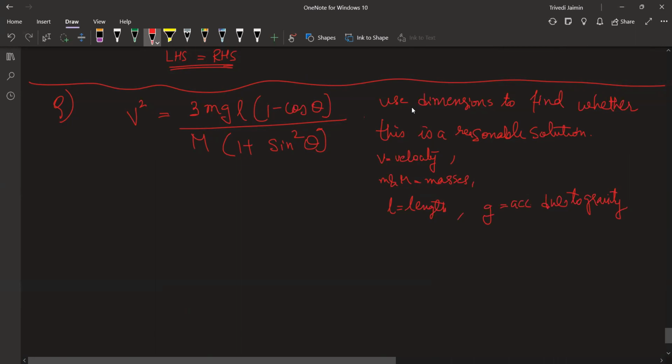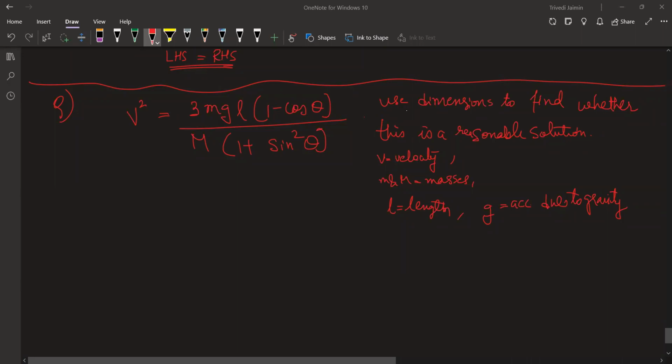Very good. So length, mass, and velocity, you know. What about this 1 minus cos theta and 1 plus cos theta? Shadab? Sir, there would be no dimension, since any trigonometric ratio would have no dimension, and a unit simply does not have any dimension as well.